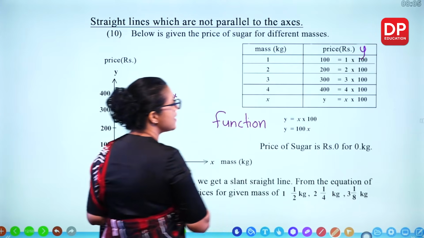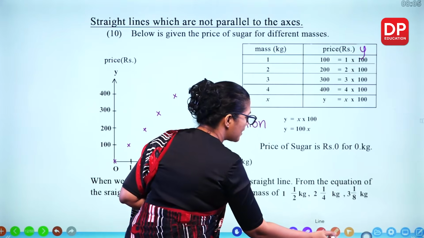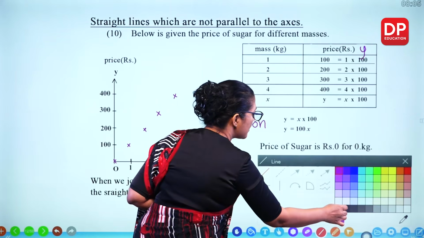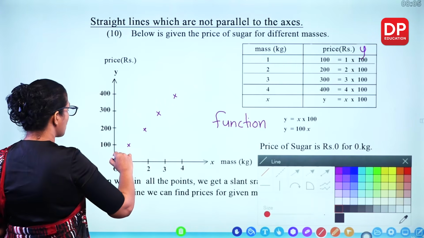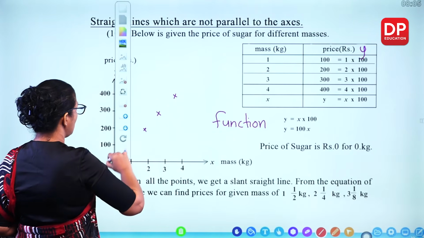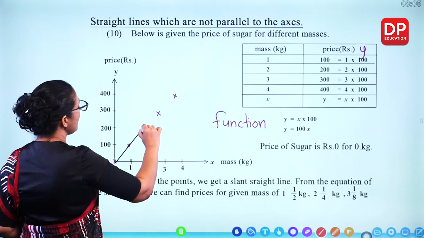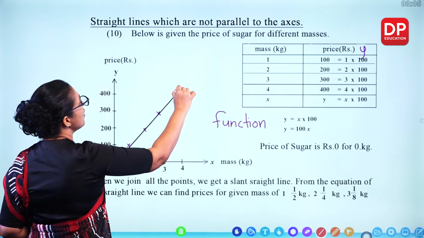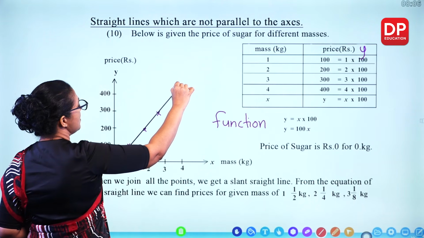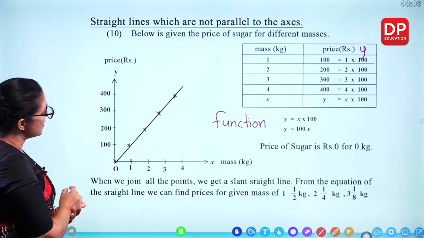Y equals 100x is a function. And also we can connect this. Why can we connect this? This is a continuous function. So we'll try to connect it here too. You can start from here and connect all the points. This should pass through all the points. This also passes.